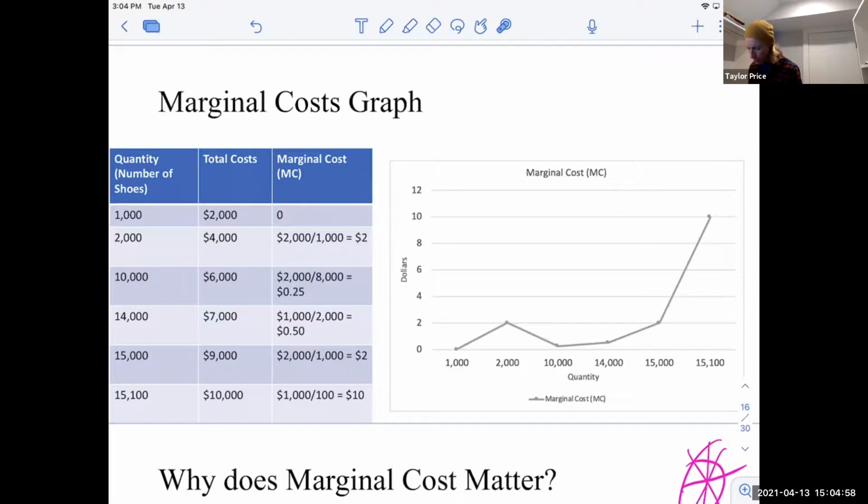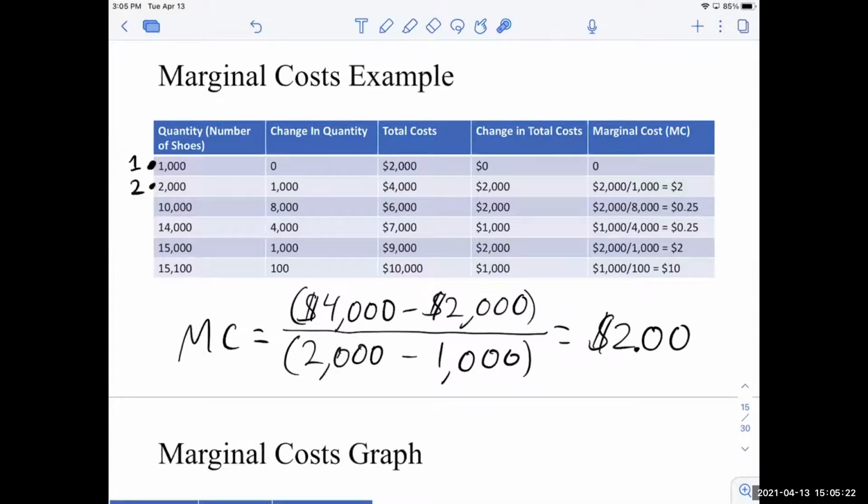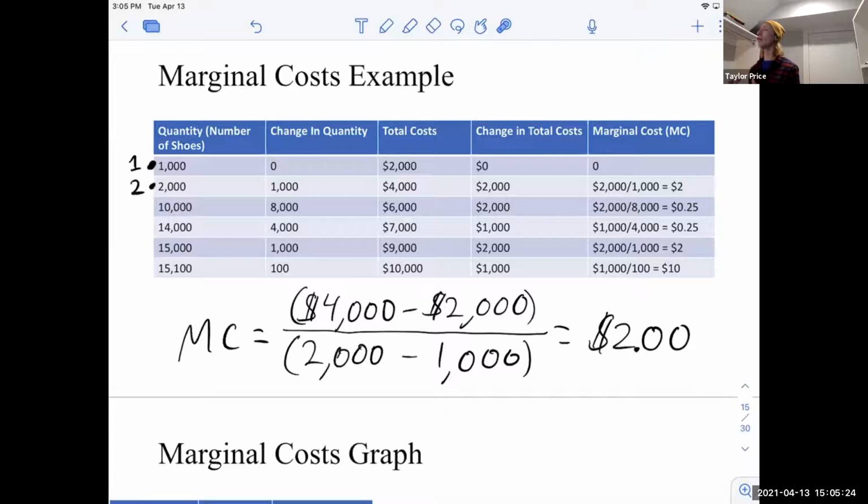So when we're thinking about early on, let's say that we were moving from a zero quantity, that would be the fixed costs. So it's usually the same as variable costs, except when you're moving from 0 to 1,000, or like 0 to 1. Just because it's 0, you don't have any variable costs, but you do have fixed costs. So fixed costs are still included initially. That will be true most of the time, but not at first.